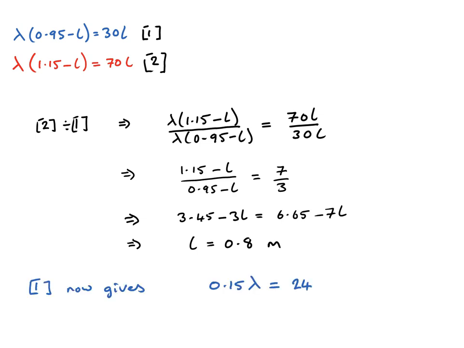Substituting this into equation 1, the left-hand side is 0.15 lambda equals 30 times 0.8, which is 24. So we've got lambda is 24 divided by 0.15, which is 160 newtons.